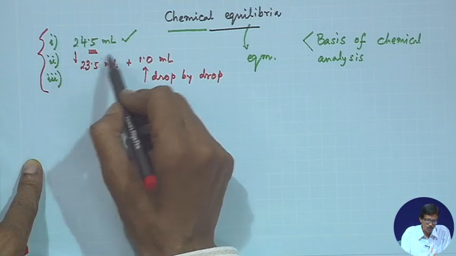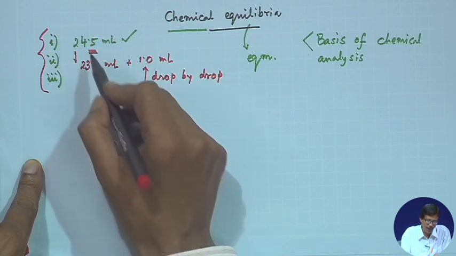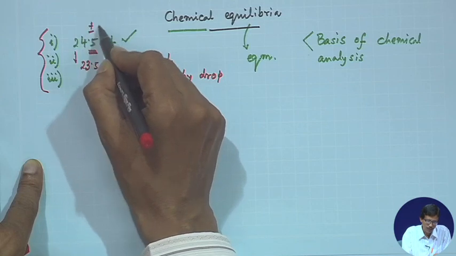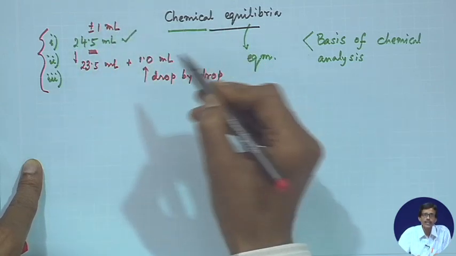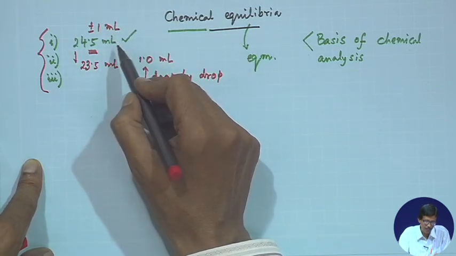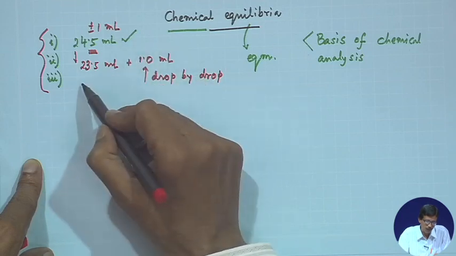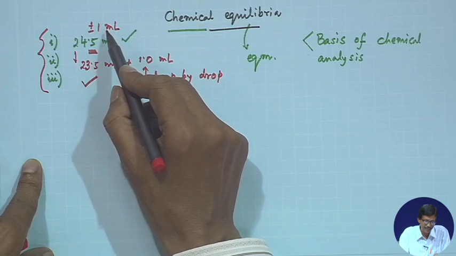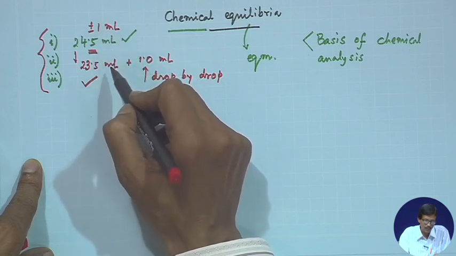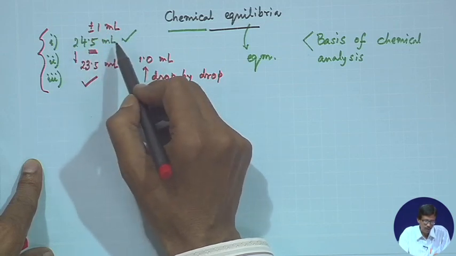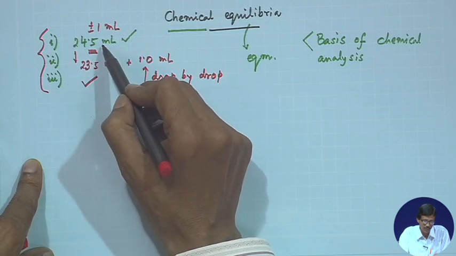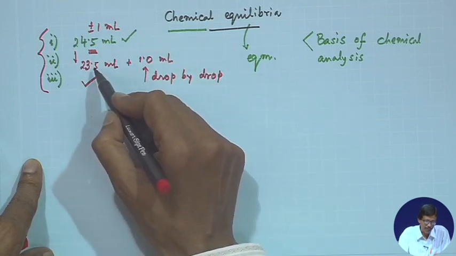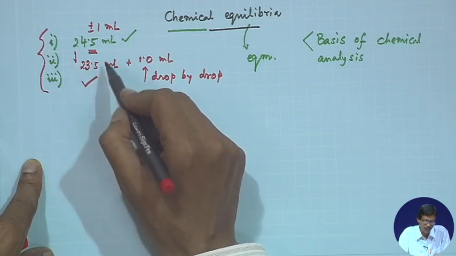So, we should precisely know whether the value is exactly 24.5 or plus minus 1 ml. Within this plus minus 1 ml, if we add drop by drop during the third titration, we should be able to detect the exact value required, because from your experience of the first and second titration, you should be able to precisely pick up the actual addition.